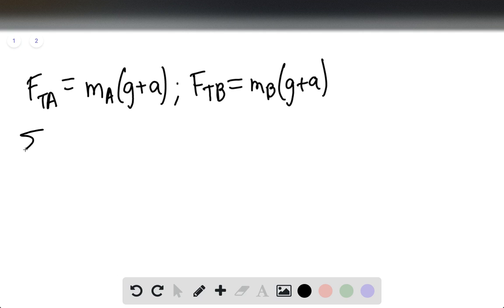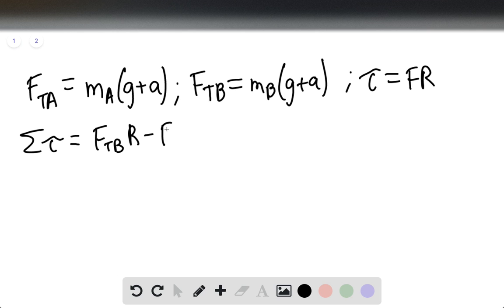To find the sum of the torques, we know that torque equals Fr. So the sum of torques is going to be equal to the force tension of B times R, minus the force tension of A times R. This is going to be equal to I, the moment of inertia, times the angular acceleration.